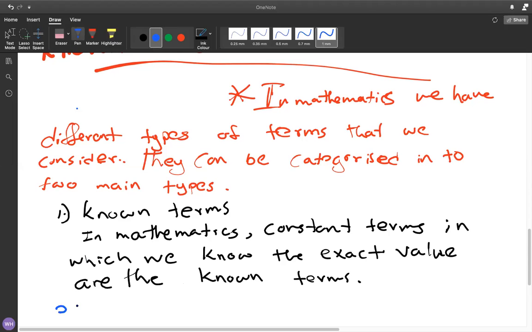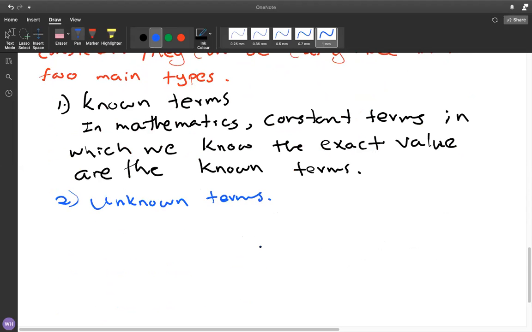Right. Second one: unknown terms, number 2.